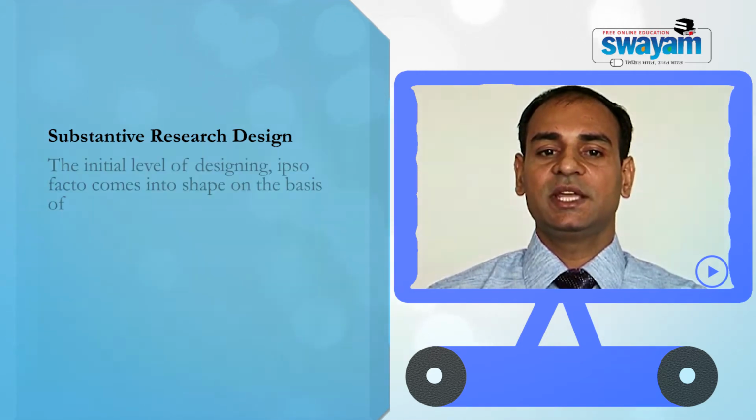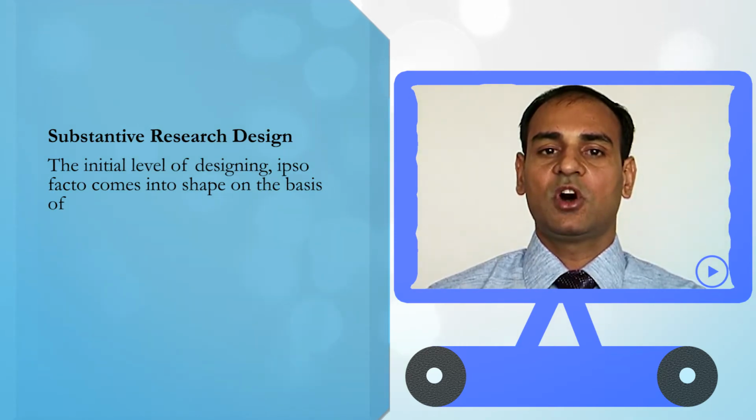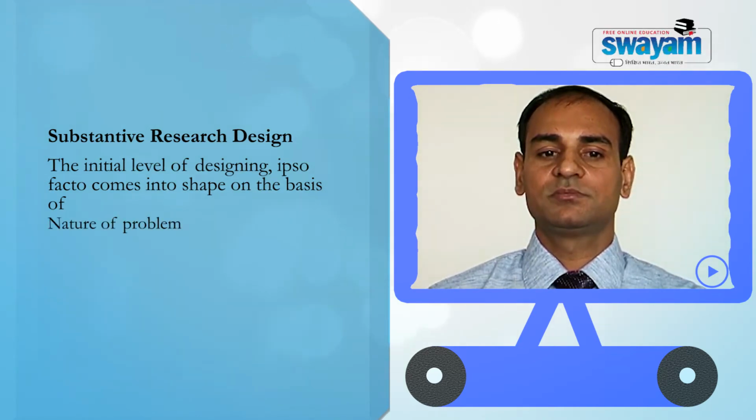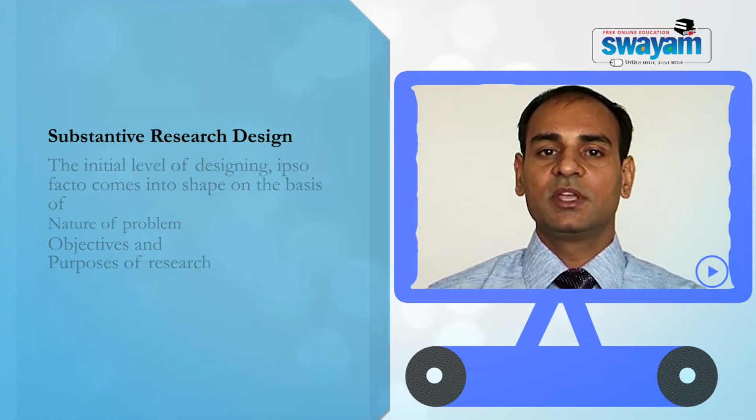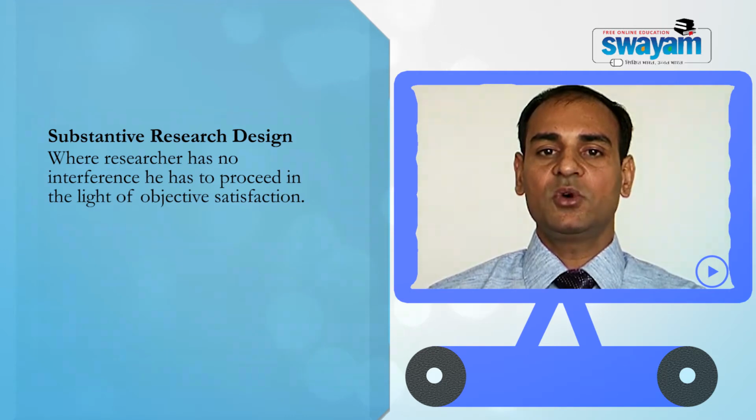Substantive research design is the initial level of designing, which ipso facto comes into shape on the basis of the nature of the problem, objectives of research and purposes thereof, where the researcher has no alternative choice and no interference in the proceedings. He has to proceed in the light of the objectives.